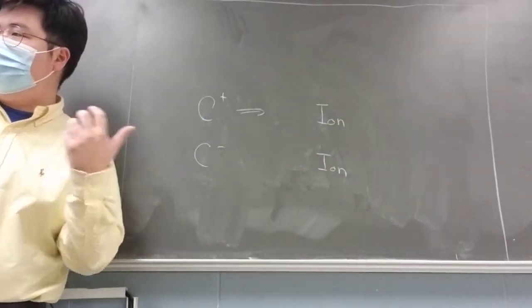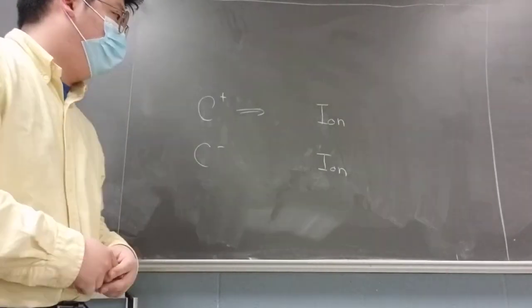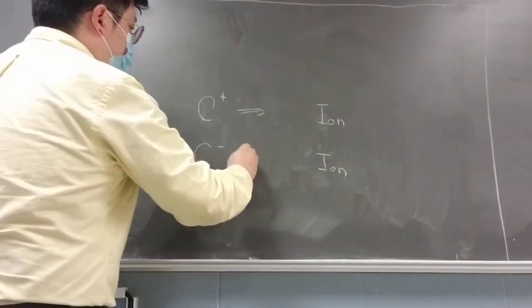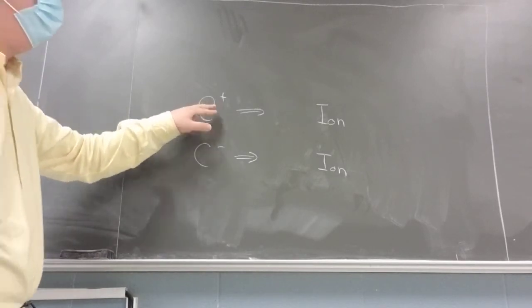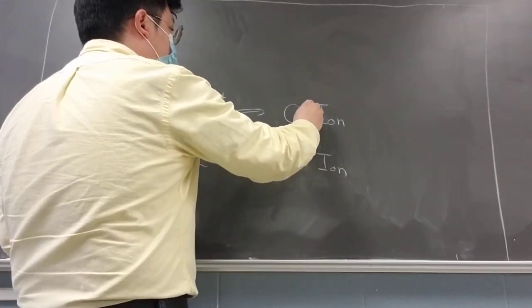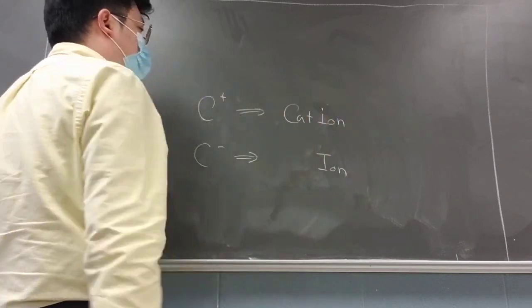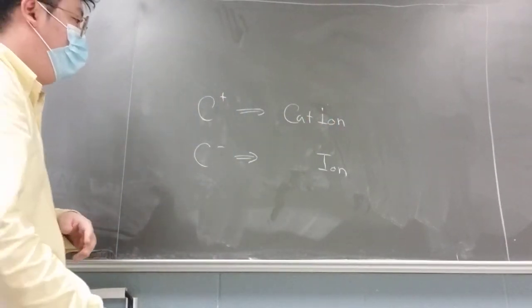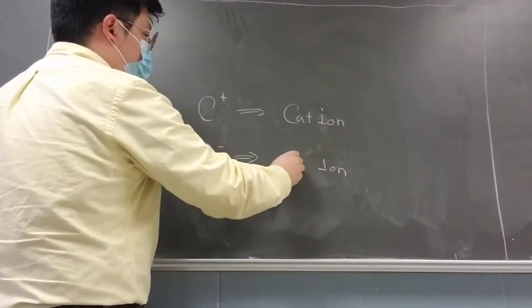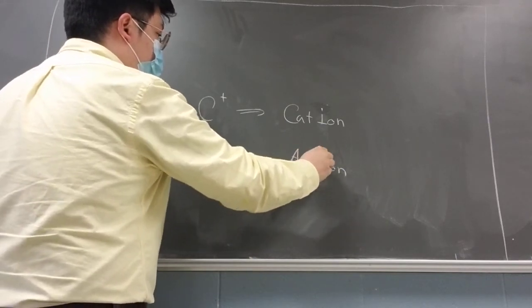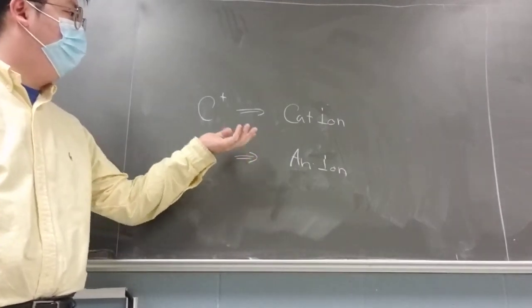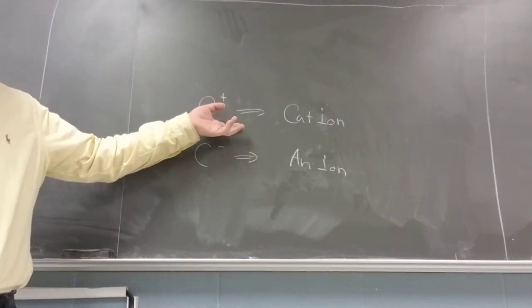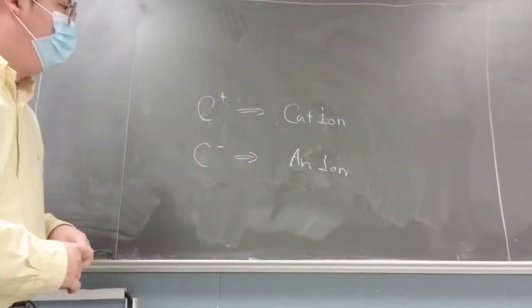If it has a certain formal charge in that structure, we say it is an ion. But when it's positively charged, we call that a cation. If it's negatively charged, we call that an anion. Okay, so just cation and anion.